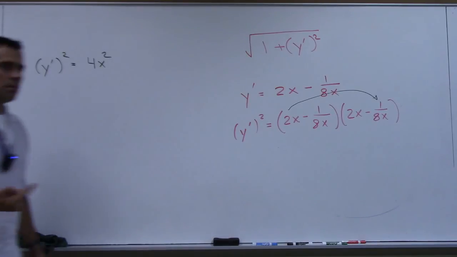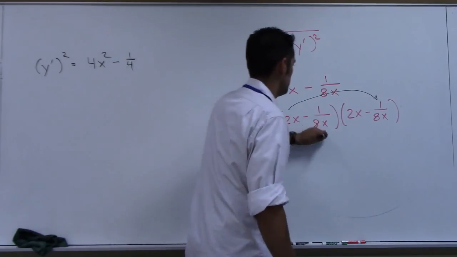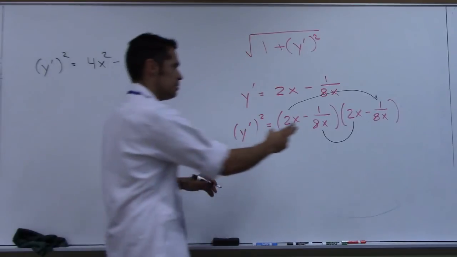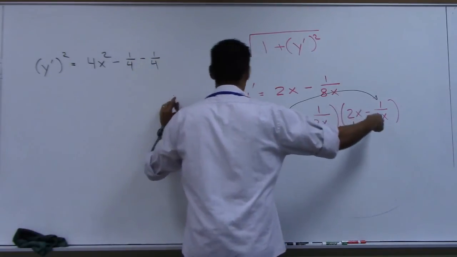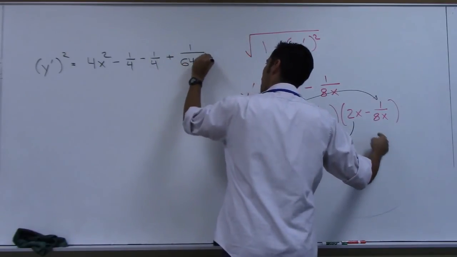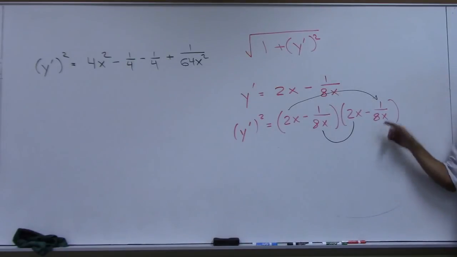So minus 1/4. And then what do you get in the other middle multiplication? Another minus 1/4. The x's cancel there when you do this multiplication. So minus 1/4. And then the last one, positive 1 over 64x squared. You multiply 1 times 1, you multiply 8x times 8x, get that.